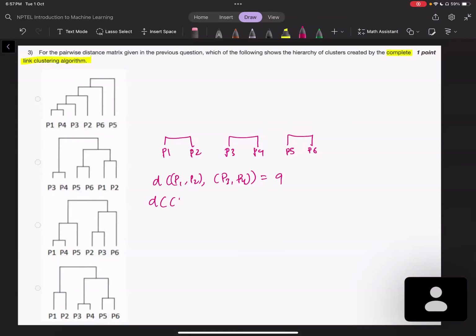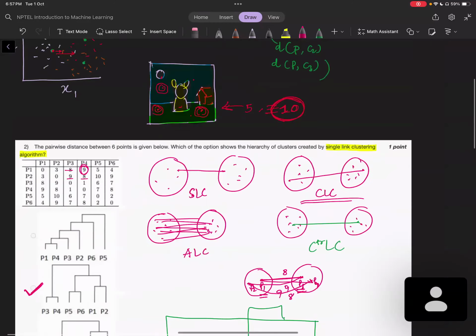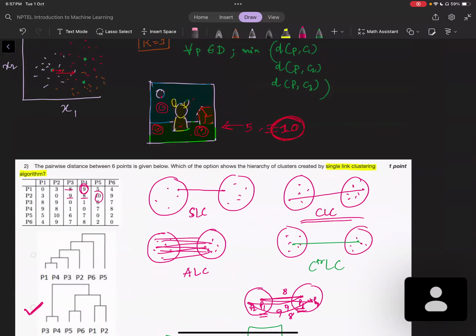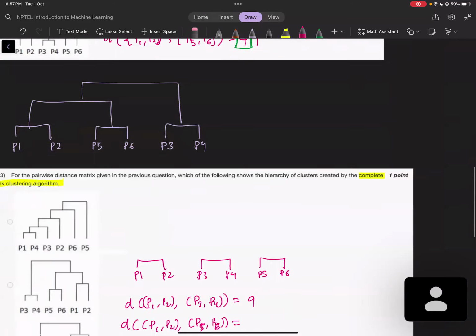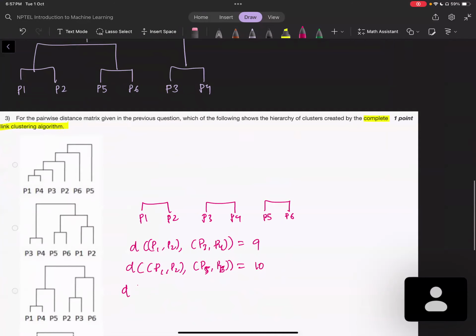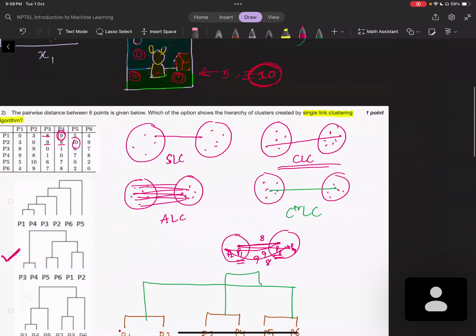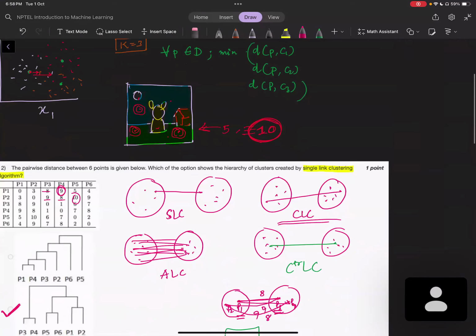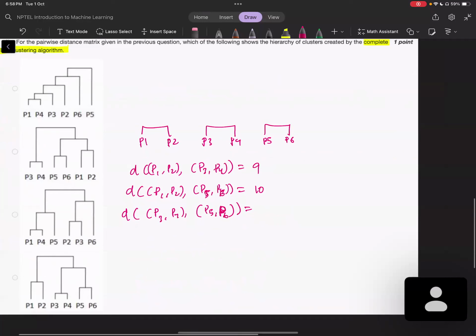Similarly, the distance between P1, P2 and P5, P6 will be 10. And the distance between P3, P4 and P5, P6 would be 8.